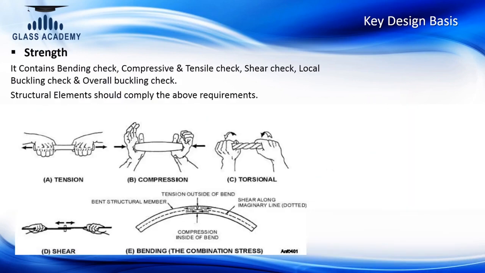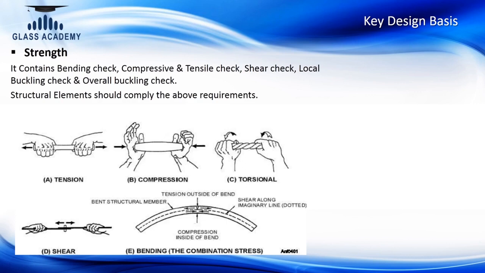We are going to explain more on the strength aspects of the facade or glazing design. This is primarily applicable to the supporting framing elements of facade structures. A framing element is, in most cases, either a steel frame or an aluminum frame. So the designer needs to check for tension, compression, torsion, or in many cases a combination of all three aspects.